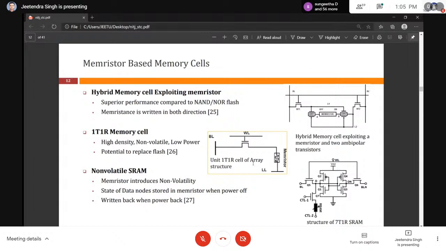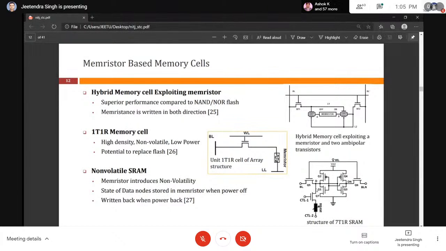When we make an array of this one T1R, it will surely give a high density memory design. And here is another structure. This is basically a 6T SRAM, and here you can see that a memristor is added along with a control transistor.